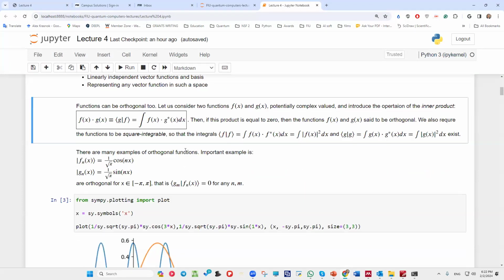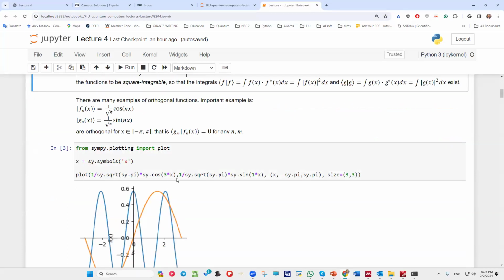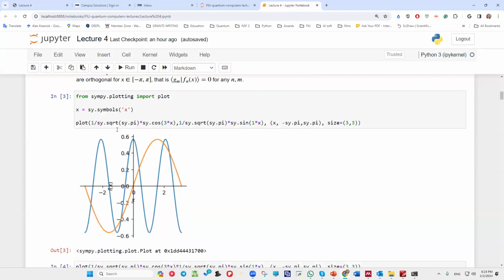Since we introduce this inner product of two functions, we can represent any function using these functions as a basis.